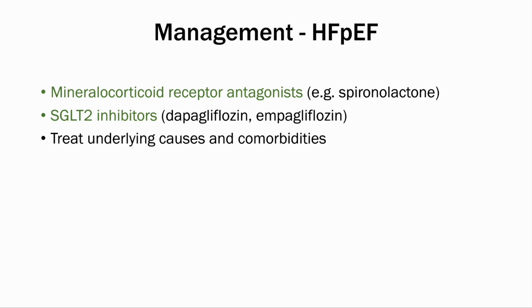The SGLT2 inhibitors in particular have now shown clear mortality benefit in patients with heart failure with preserved ejection fraction, which is a significant shift. So while the treatment is not as established as for heart failure with reduced ejection fraction, we now have evidence-based pharmacological options beyond just diuretics.